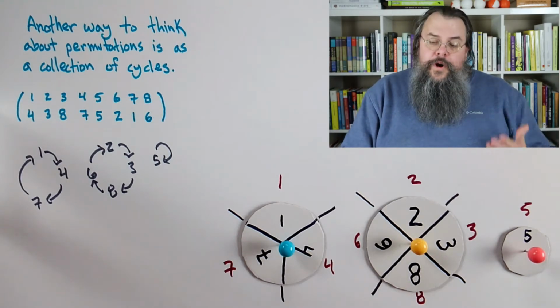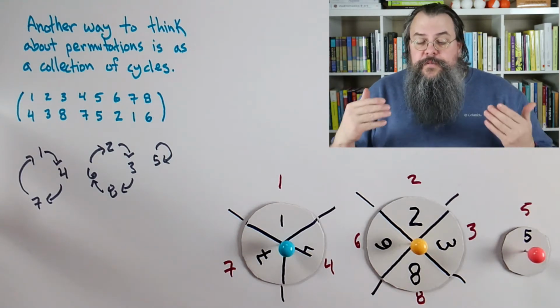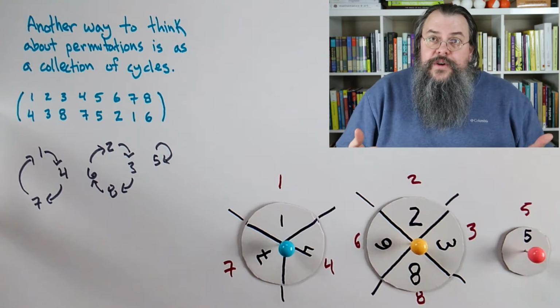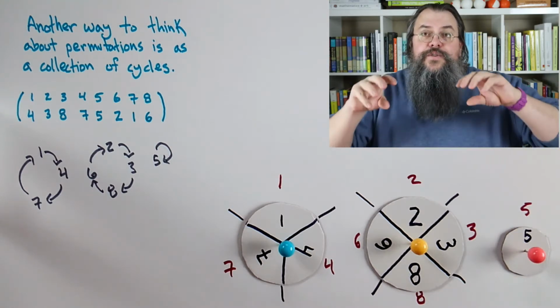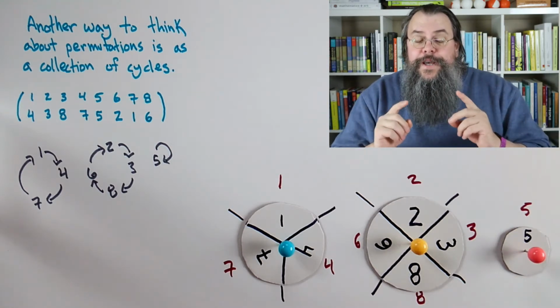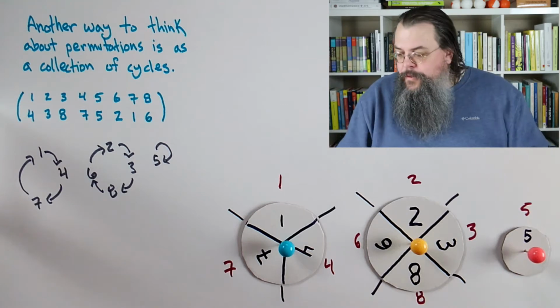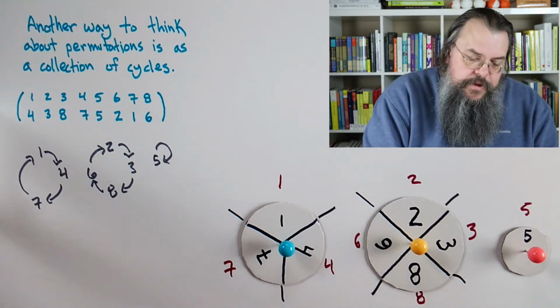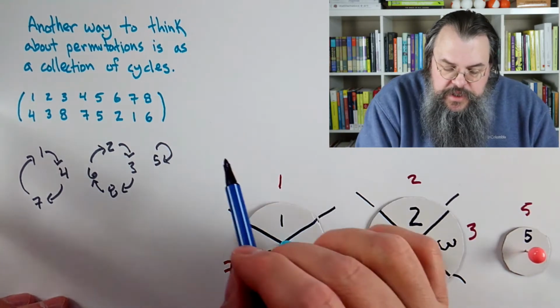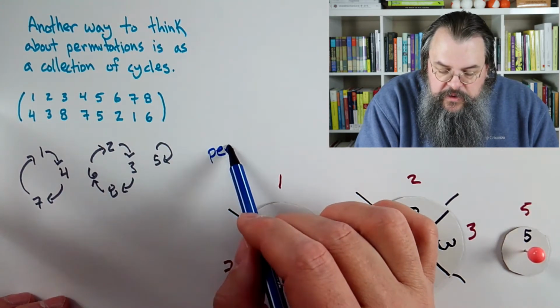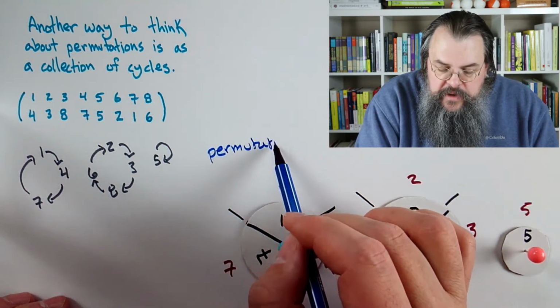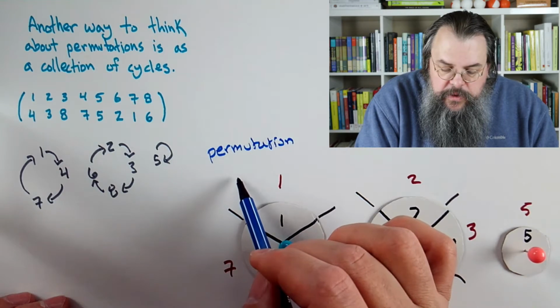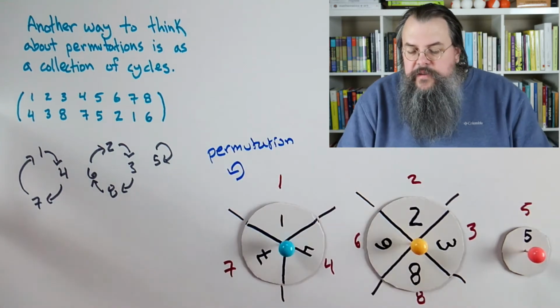So what does applying the permutation correspond to? Well, it corresponds to turning the knobs. Now, which way? In this case, we're going to go counterclockwise.